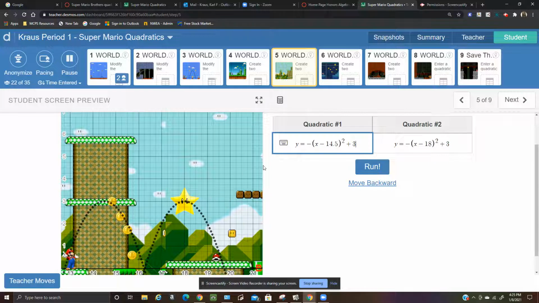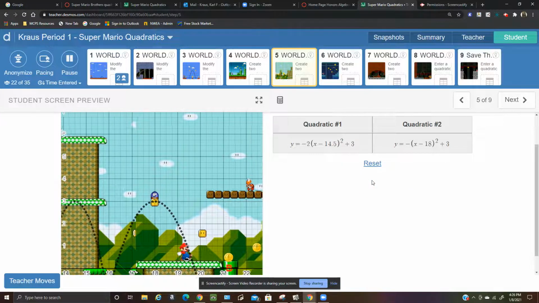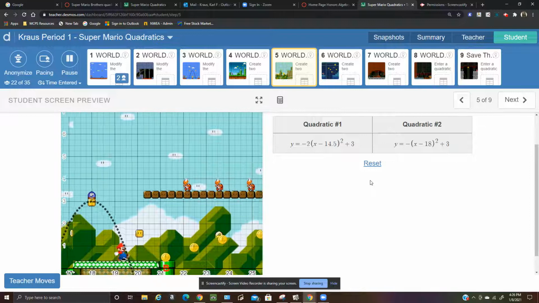But that's too wide, so let's make it more narrow. And that's much better. Okay, that worked. It gave me the move forward button before when I missed this coin, but in this case, the vertex form worked much better. So now I hit move forward.